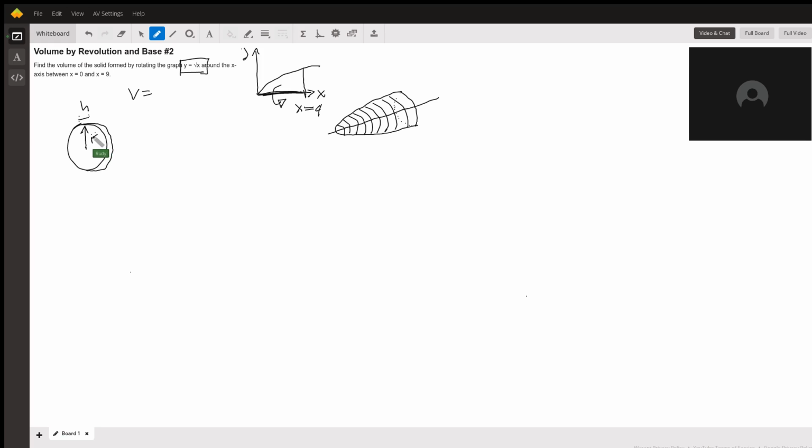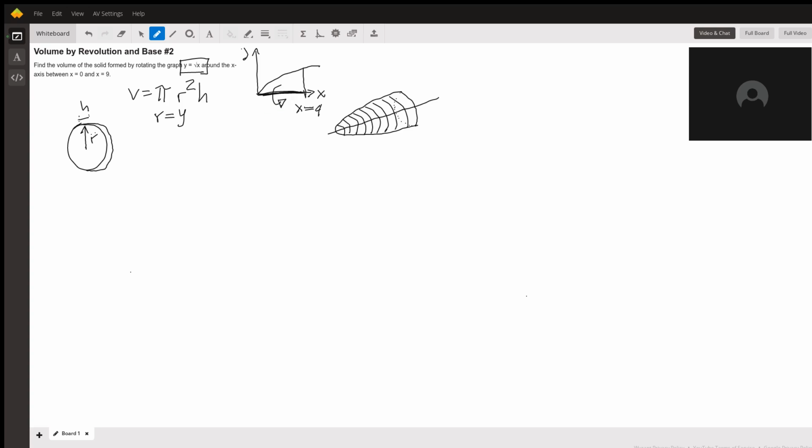So the volume of a cylinder is pi r squared multiplied by the height, which is h. In this case, our radius is given by y.